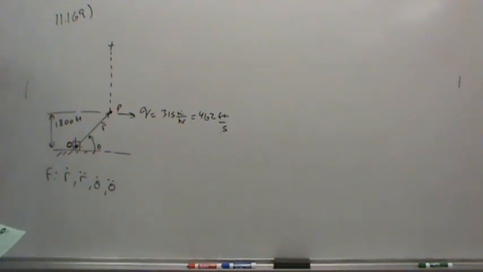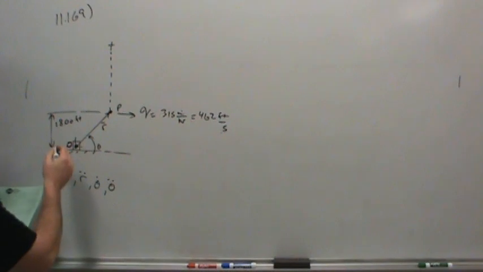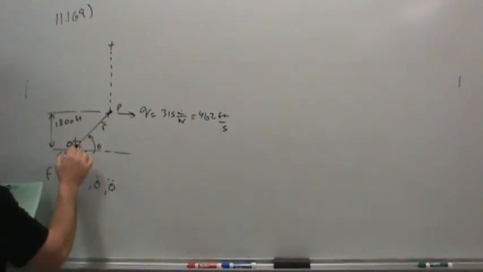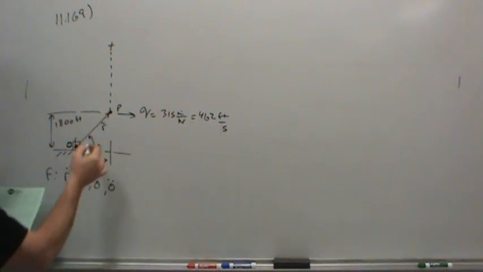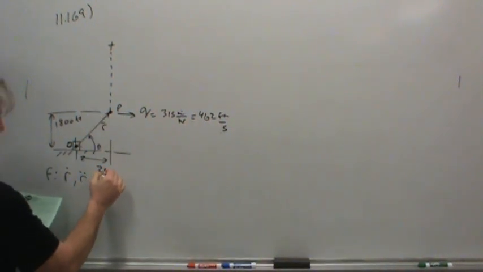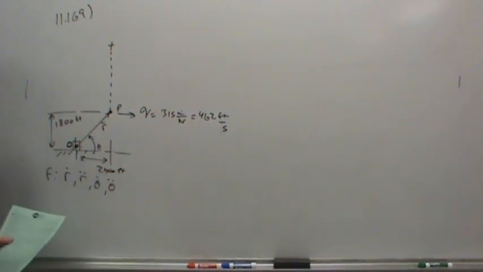Not a mile, but the same order of magnitude. And then the distance horizontally from O over to P is 2,400 feet, about half a mile, roughly.